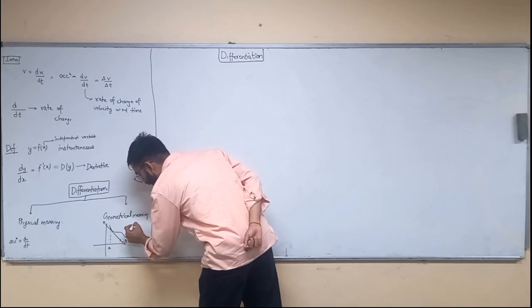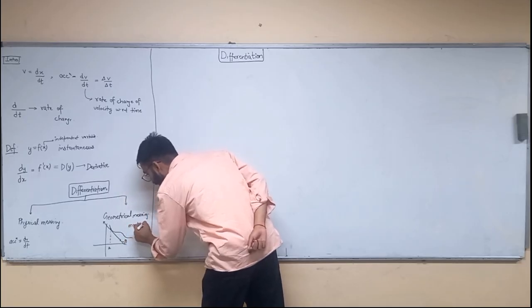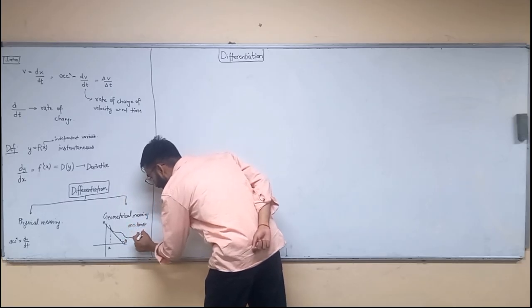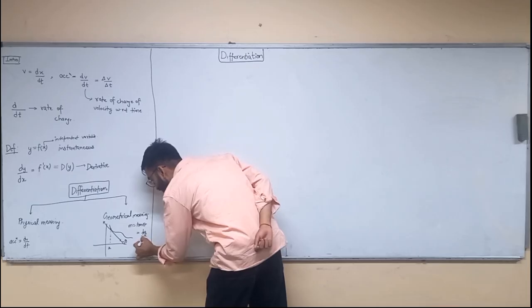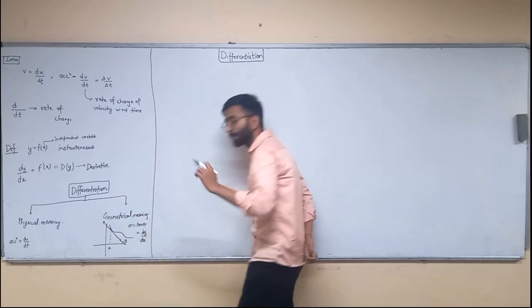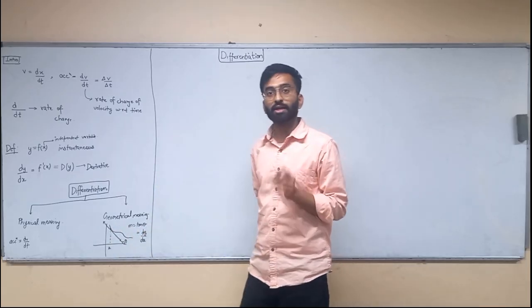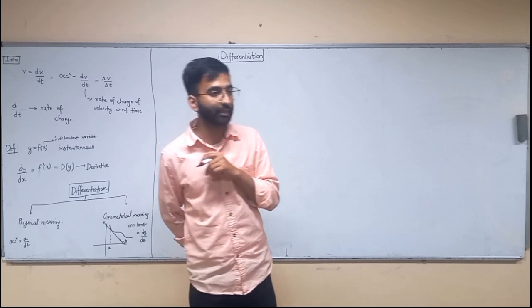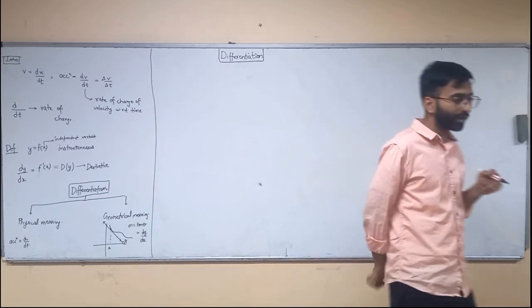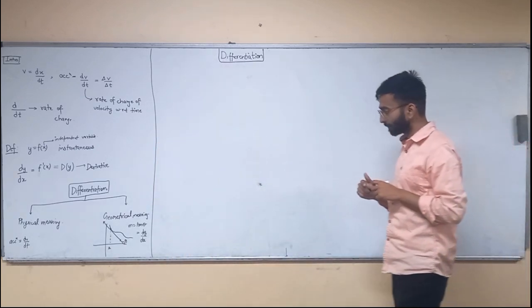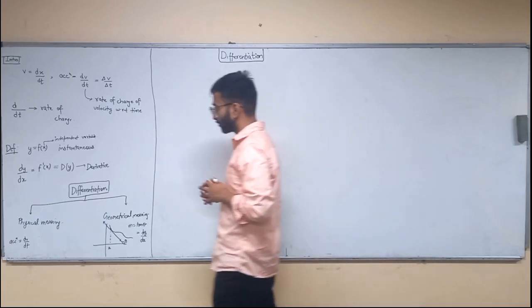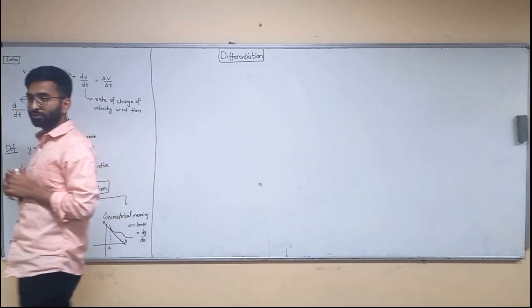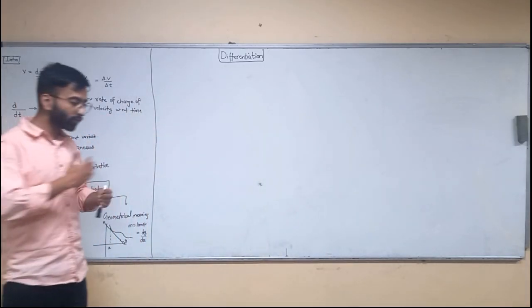So my slope is tan of theta. This is dy by dx, the differentiation of y with respect to x at a given point x is equal to a. Write down this thing. So everyone understood it? Can we move ahead?